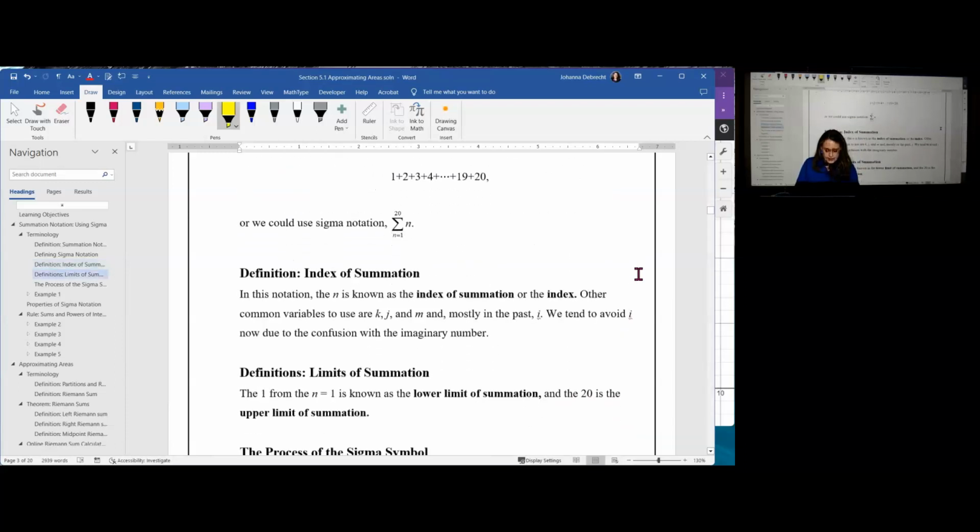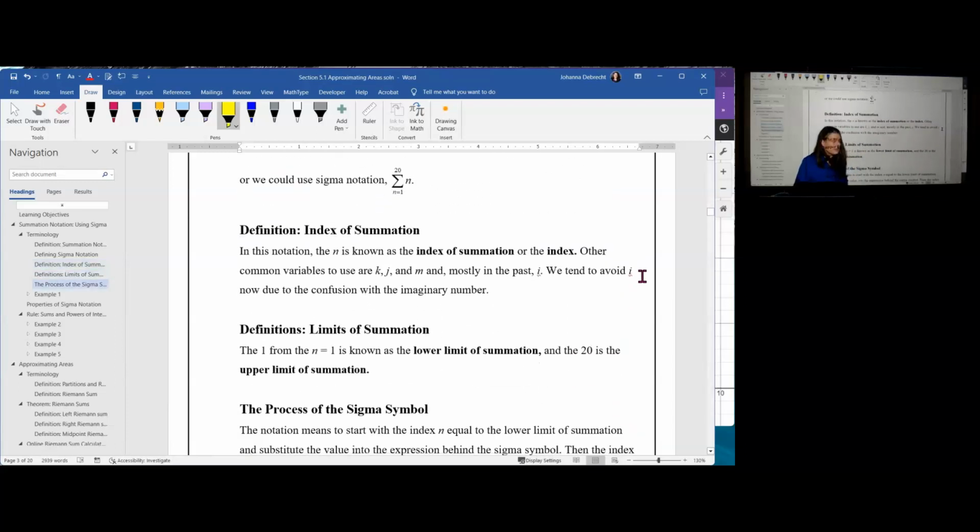Let's now formalize these definitions. The index of summation is the one that is found below the symbol, indicating what the variable is inside the summand. The summand is the part behind the sigma symbol. In this case here, the summand is n. And in fact, n is also the index.